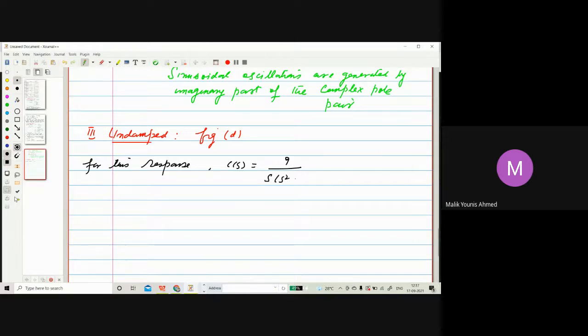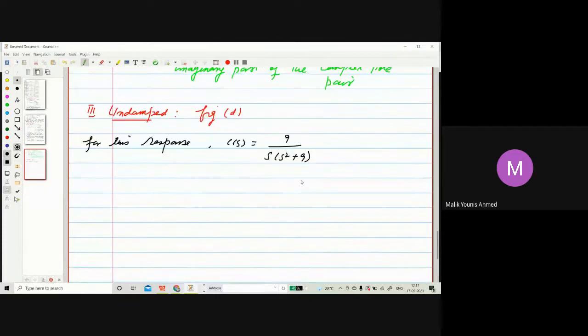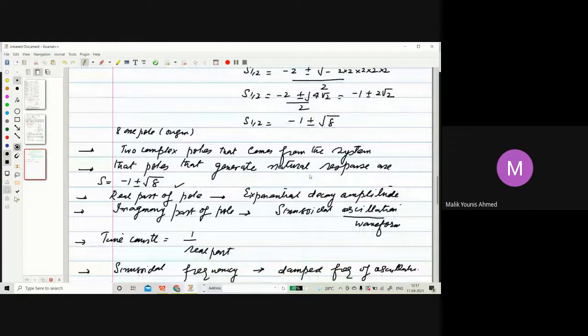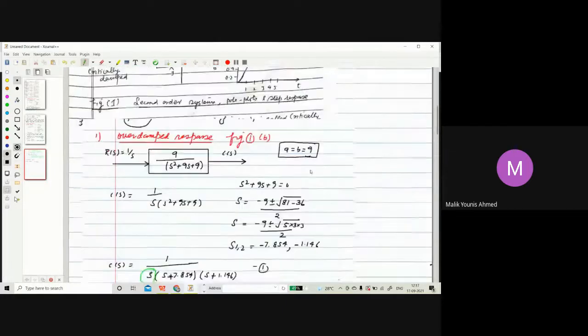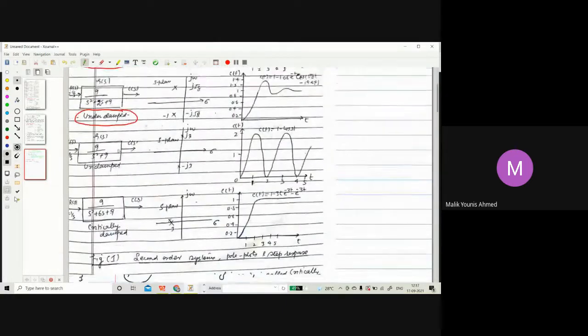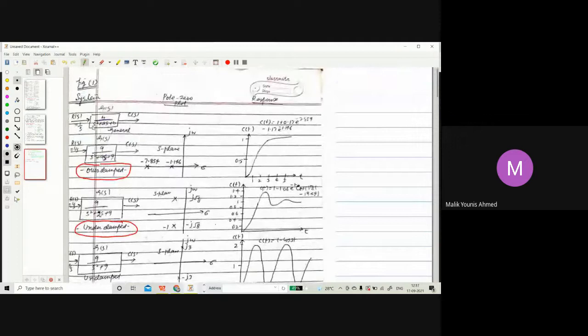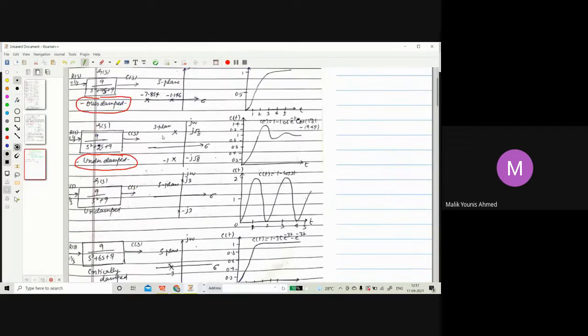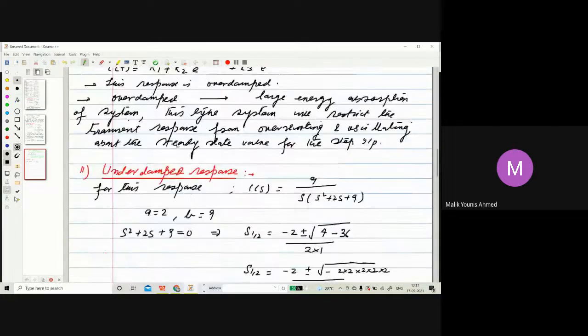S square plus 9. This is a step input. We are not using A, we are using it as 0. You can very clearly see here. Now this A we are using as 0, S square plus 9, and 1 by S is from the step input. So that's the response we are getting here.